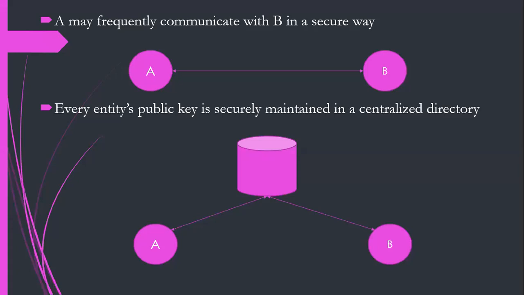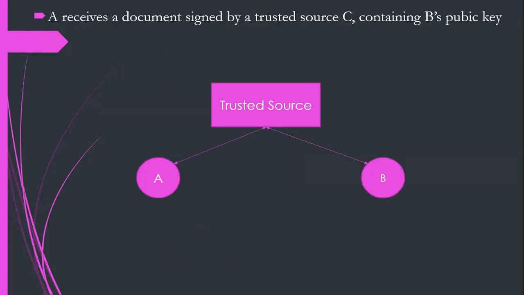Yes, sir. Okay then. A receives a document signed by trusted source C containing B's public key. You can assume C as the trusted source, like some government organization in which you can have trust.